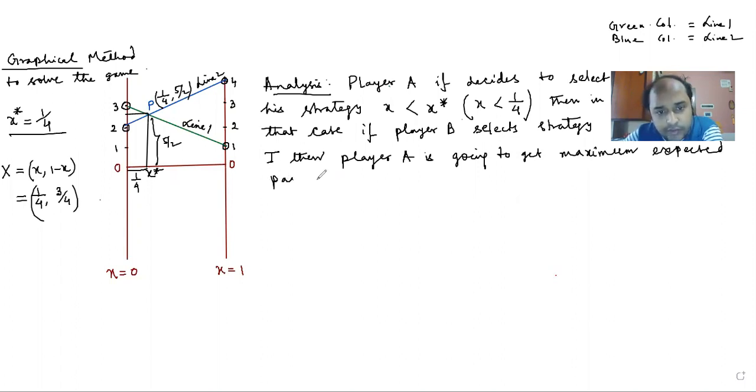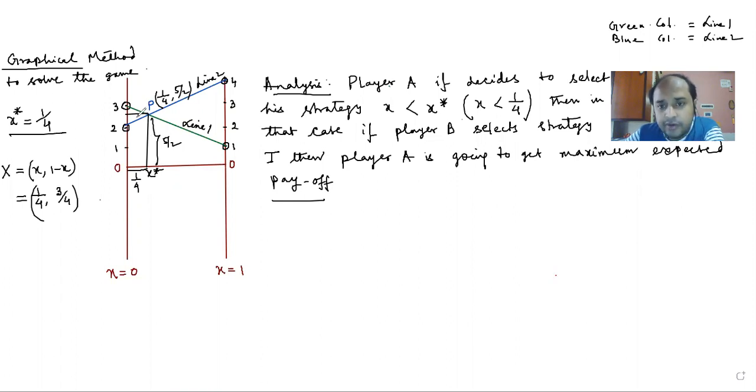Why is it so? Look at the figure. If suppose I decide to choose any probability value from this particular line, I have two possibilities. Either I am going to get some expected payoff from this line, or I am going to get some expected payoff from that line. Now suppose you are playing the game with me and I am choosing my strategy lesser than 1 by 4.